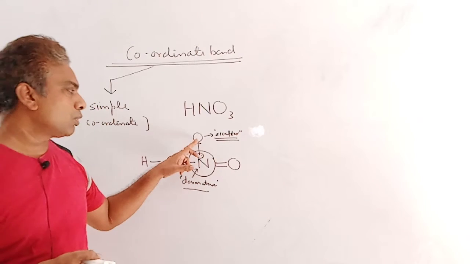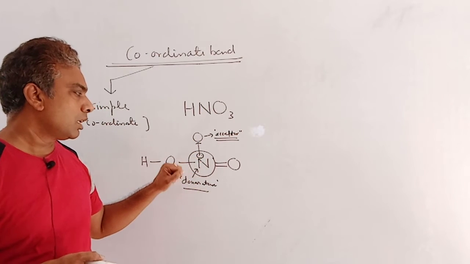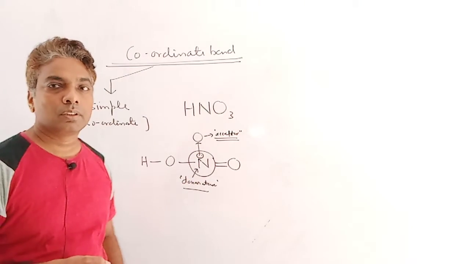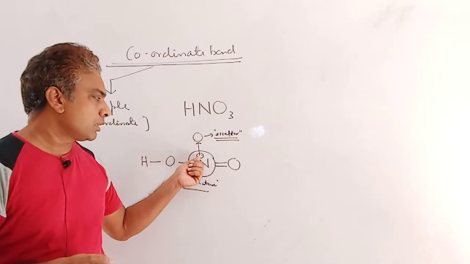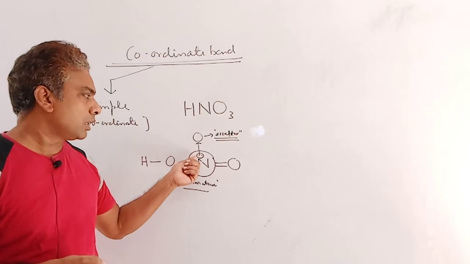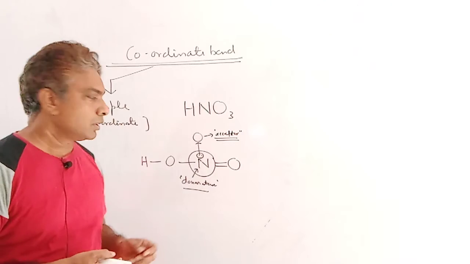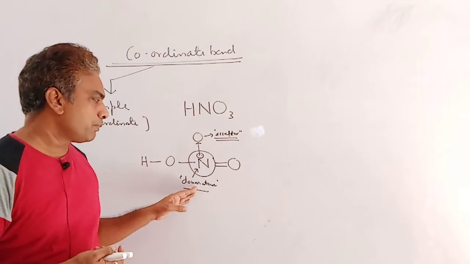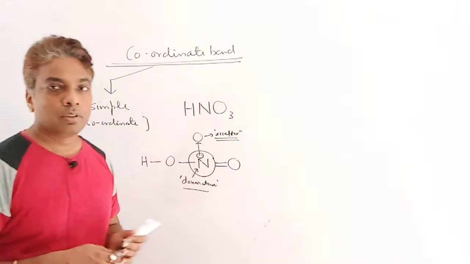So to complete the octet of oxygen, nitrogen donates its lone pair to oxygen. In such donation, this lone pair is counted as an electron pair of O as well as N. So nitrogen acts as the donor atom and oxygen acts as the acceptor atom.